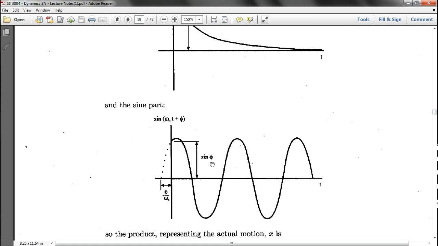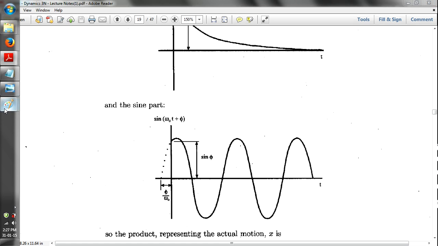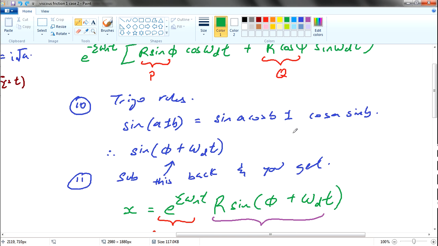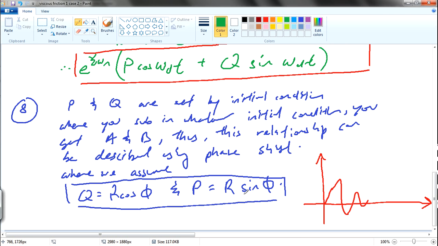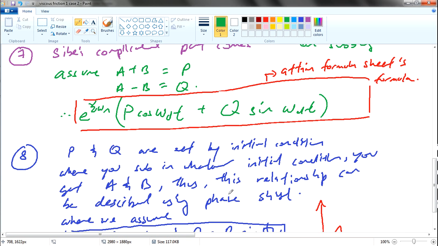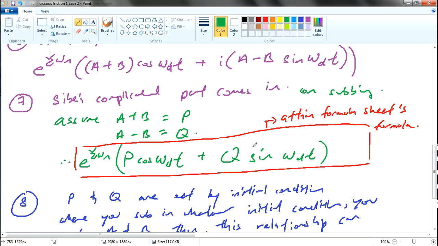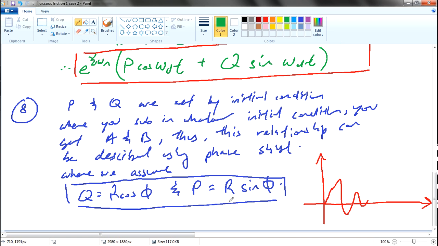So alpha will influence how the graph starts. If alpha has certain values, instead of starting at this position, it may start from a later position. If it's just this equation itself, P and Q, although there is initial condition in it, is just describing the amplitude, how high the amplitude is.